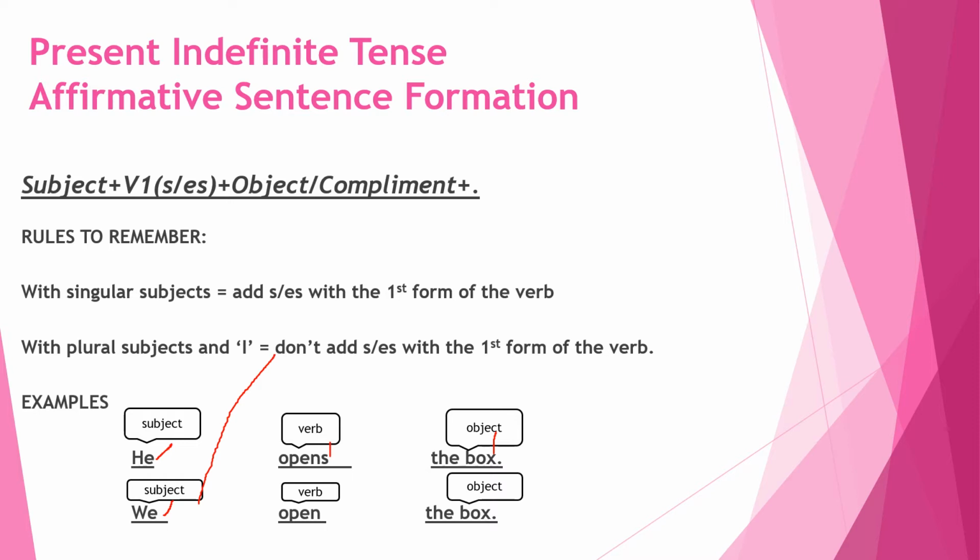So following this formula, subject plus V1 with or without s or es plus object plus complement plus full stop, I have written these two sentences: he opens the box and we open the box. So I hope you understand this concept. So let's move on.